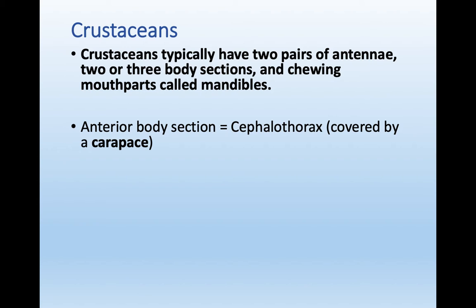A cephalothorax is basically those 2 fused together, and covered by a carapace, which is just a part of the exoskeleton that covers the cephalothorax. It tends to be the most distinctive and toughest part of the exoskeleton. So there's an anterior body section, and then there's a posterior body section, which we call the abdomen.